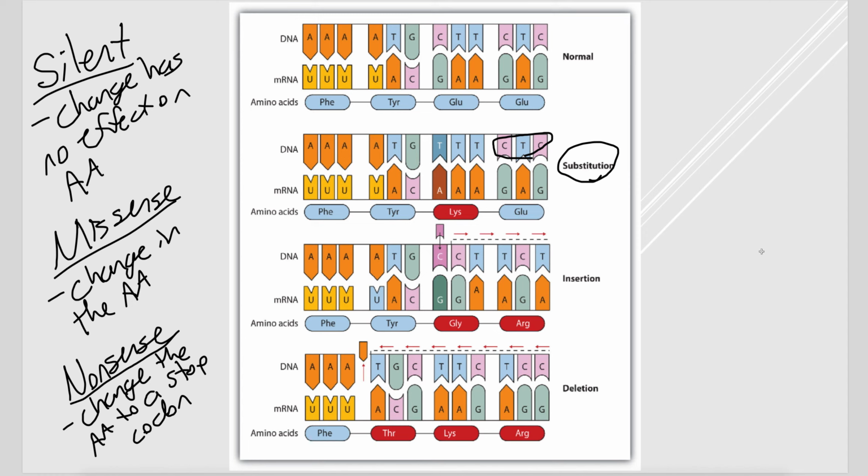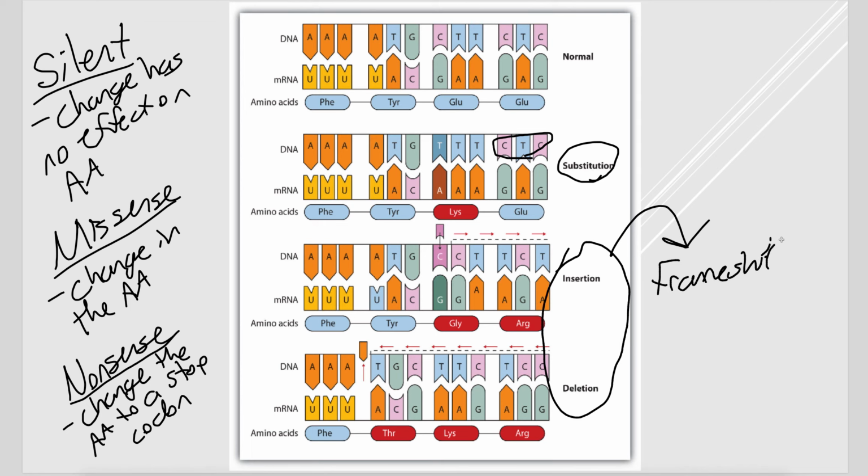You can also have insertions and deletions. This is when you insert bases or delete bases. And this causes what are known as frame shift mutations. It's called a frame shift mutation because when the ribosomes and these molecular machines inside the cells read these codons, they read them as 3, 3, 3, 3.